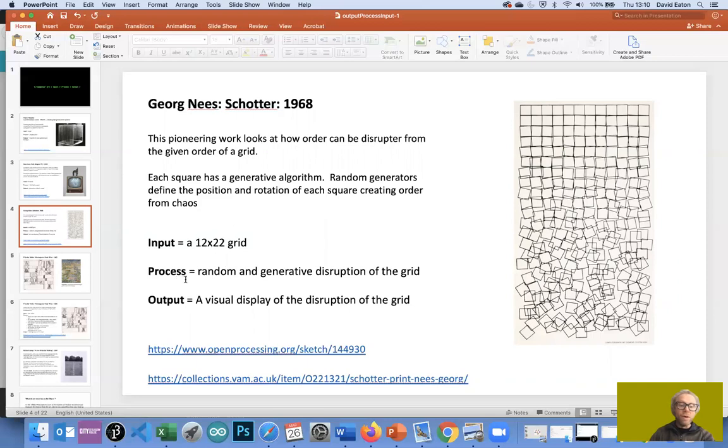And then the process is a random and generative disruption of that grid. So each square just changes slightly as it goes through. We start with this notion of order, and we end up with chaos at the end. And the output is a display of that disruption. Okay. And he's obviously working on ideas of order and chaos, and the theories behind that. And we're going to look into the ideas that are going on behind these works and how they affect our thinking about these works in a minute.